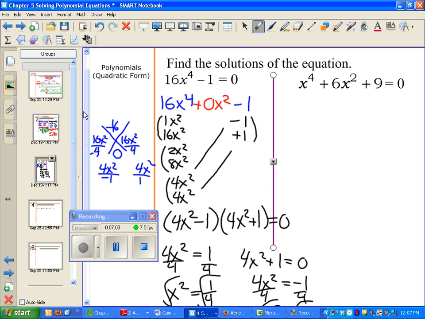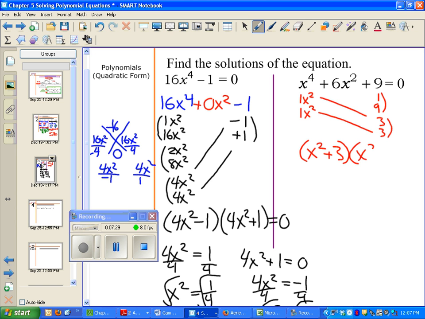Okay. For this one up here, again, I can do Clinton magic or write the factors. But I'm looking, let's see, I have x squared and x squared, 1 and 9, 2 and 3, or 3 and 3. And I need something that adds up to 6. Right? And so these would be it. So I have x squared plus 3 and x squared plus 3 equals 0.